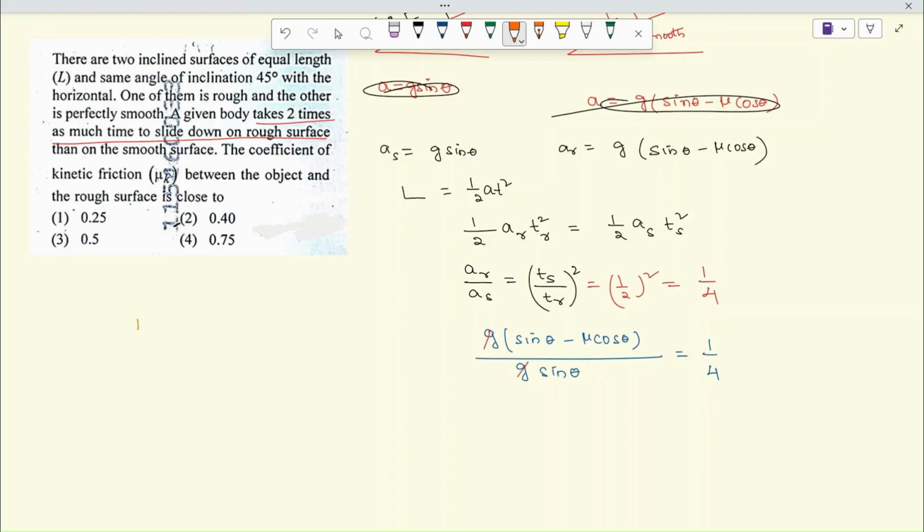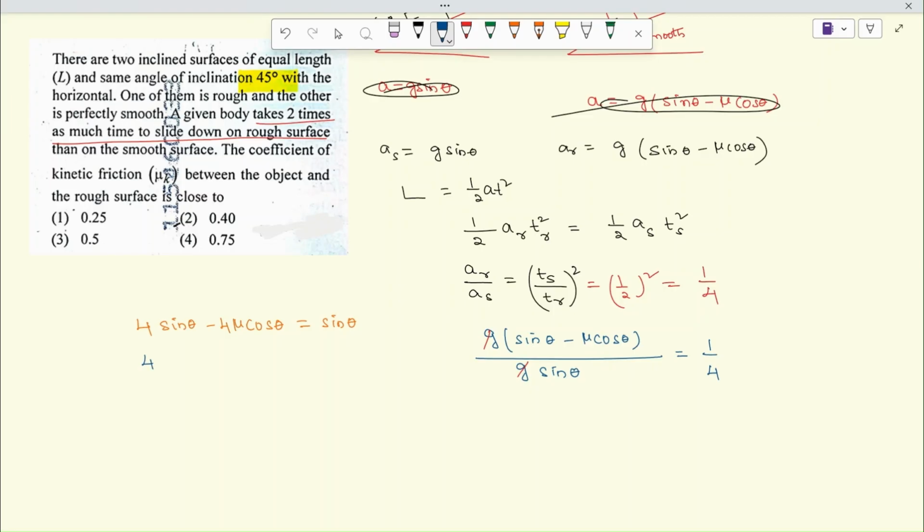Rewriting the equation, writing on the left side 4 sine theta minus 4 mu cos theta is equal to sine theta. And according to question, theta is given as 45 degrees. Right. So what can we write in the equation further? Sin theta, cos theta both are 1 by root 2.